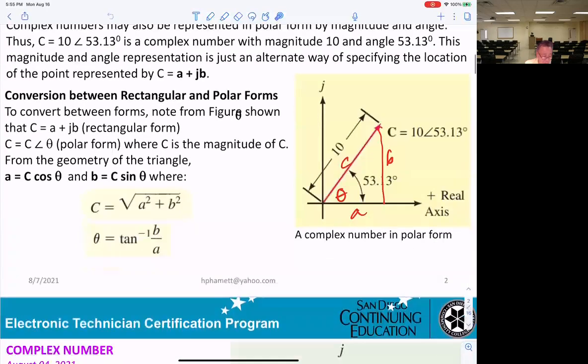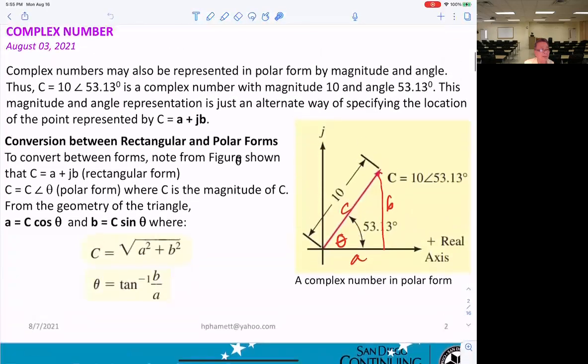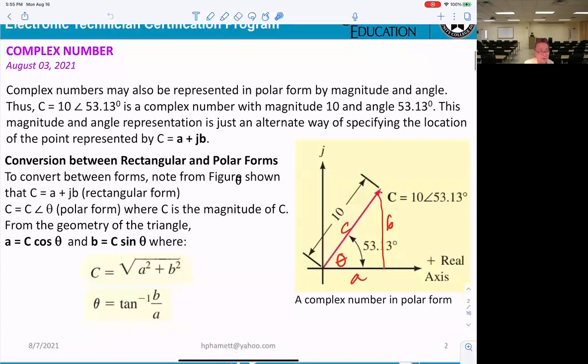And then also, another form you must know is polar. The polar form will be displayed as C equals 10 with the angle 53.133. Okay, so basically that is C right here.